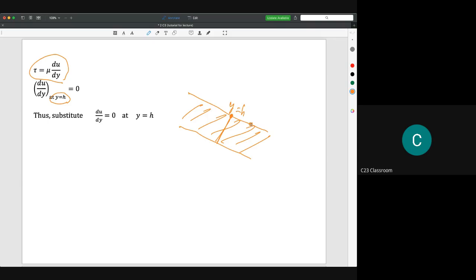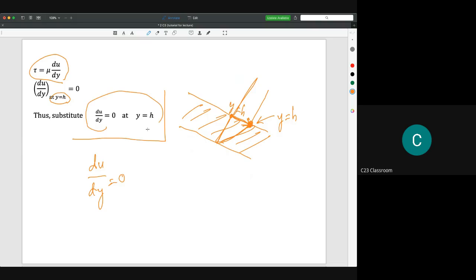So there is no velocity gradient, meaning the velocity remains constant there. So we make the boundary condition du/dy equal to 0 at the top, at y equal to h.